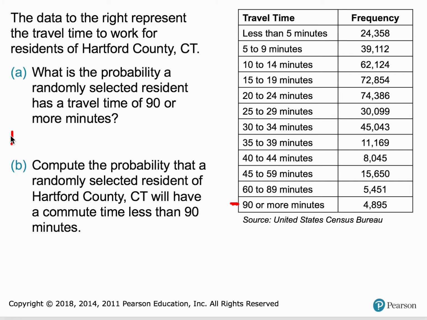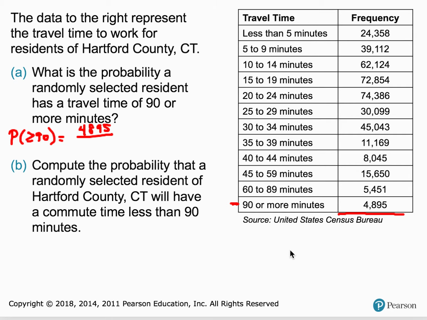So the probability that it's more than or equal to 90 is 4,895 over, what do I need? The total possibilities. So let's add those up.